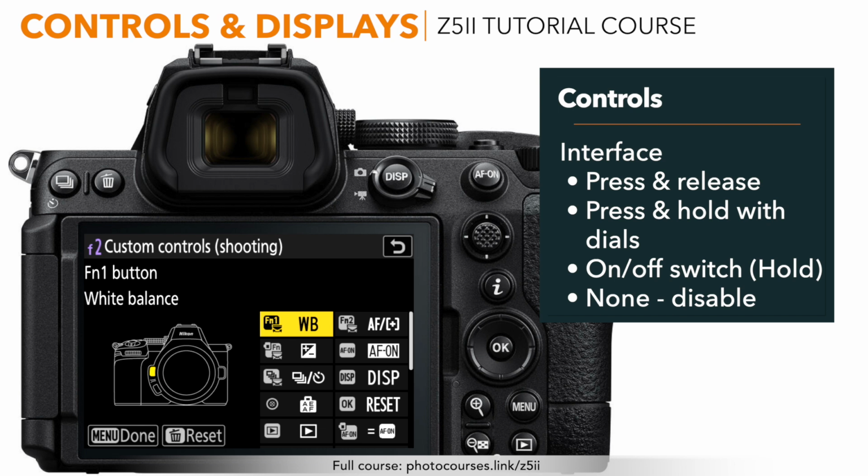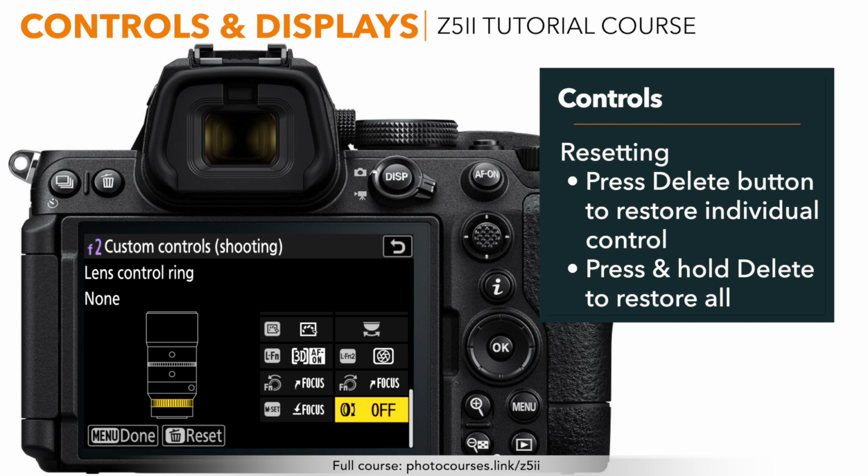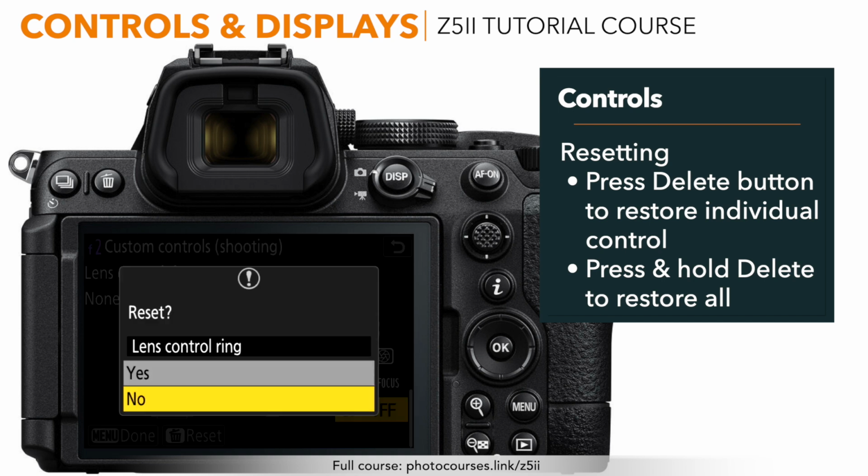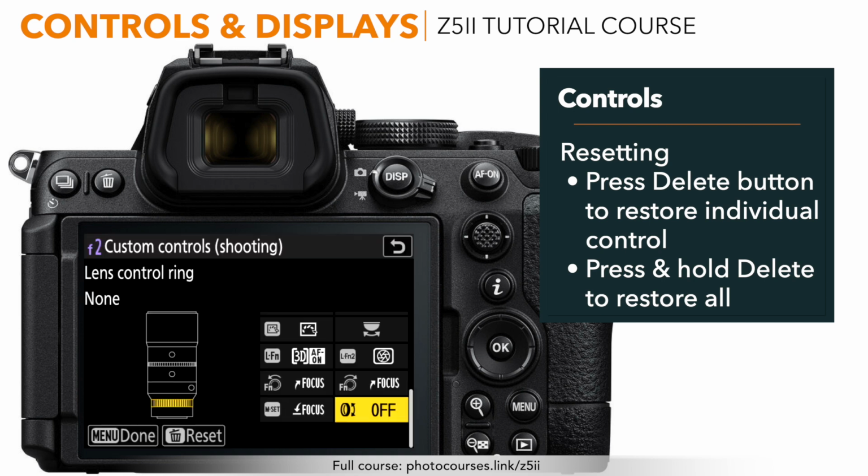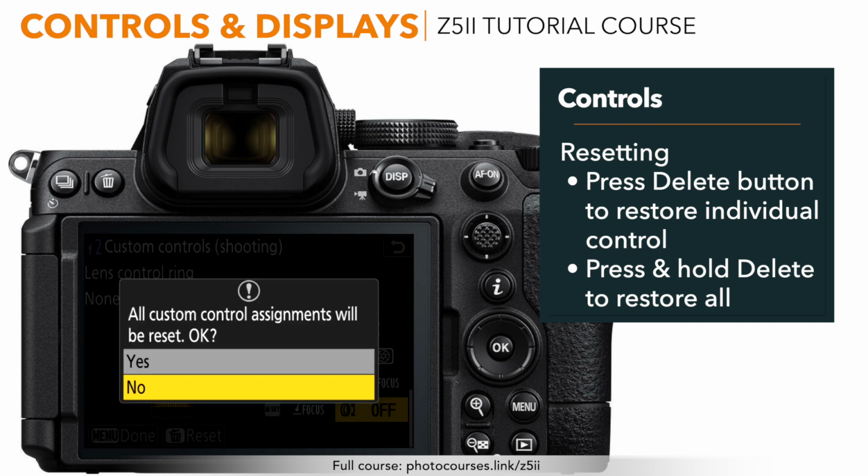Just have a purpose for each camera control. If you ever need to restore controls to the factory defaults, highlight that control, press the delete button, and select yes. To restore all controls to the factory defaults, press and hold the delete button.